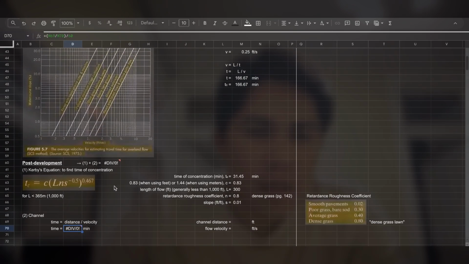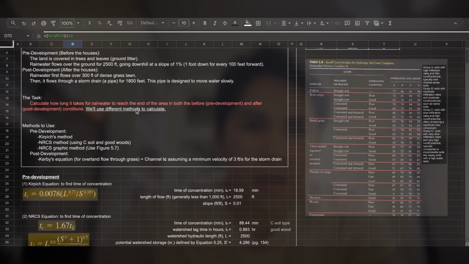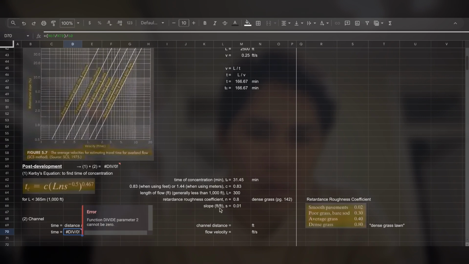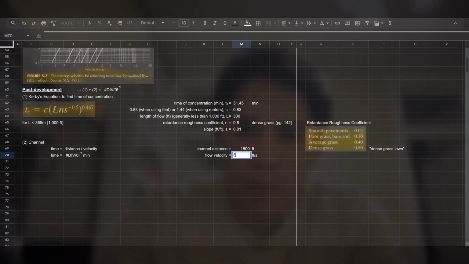The channel covers 1800 feet, so the channel distance is 1800, and the flow velocity we're given as 3 feet per second. All this is doing is distance over velocity, divided by 60 to convert from seconds to minutes, and we get 10 minutes.